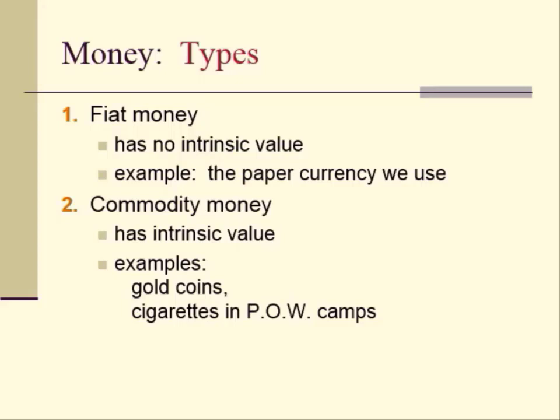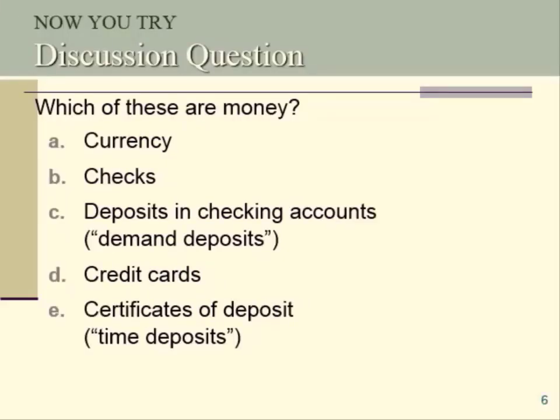Second, the government can issue promissory notes backed by gold. And finally, third, once everyone is willing to accept them, there's no need for them to be backed by gold anymore. Now you try to answer these questions.